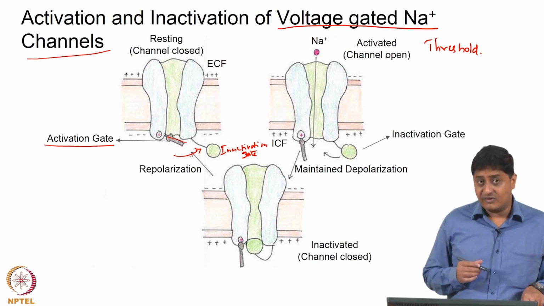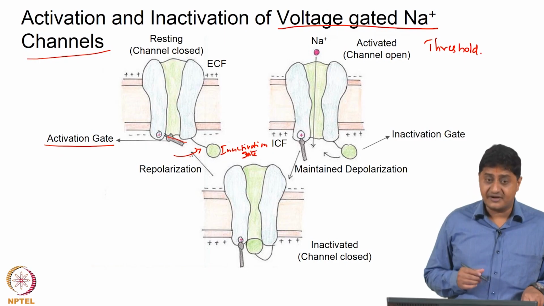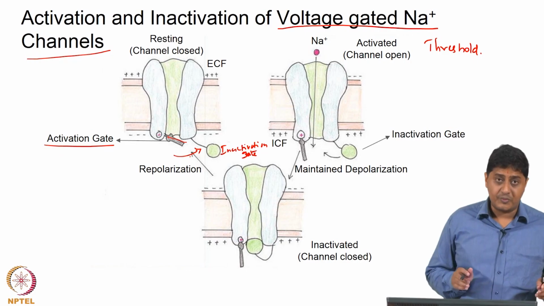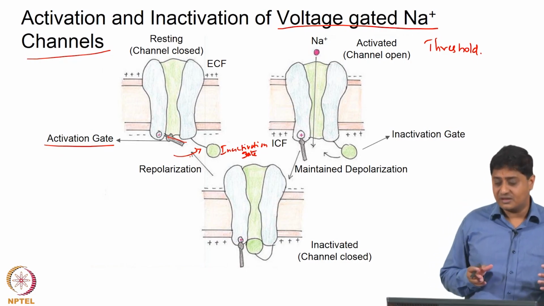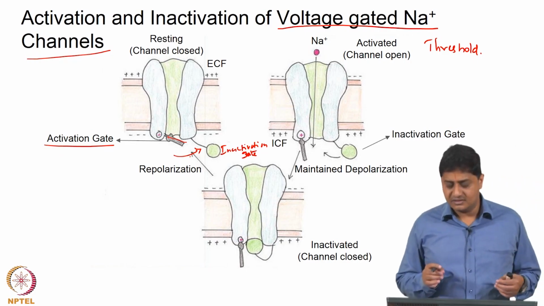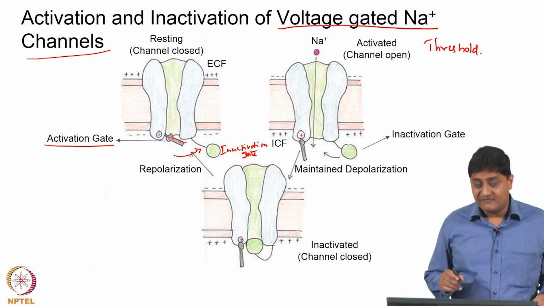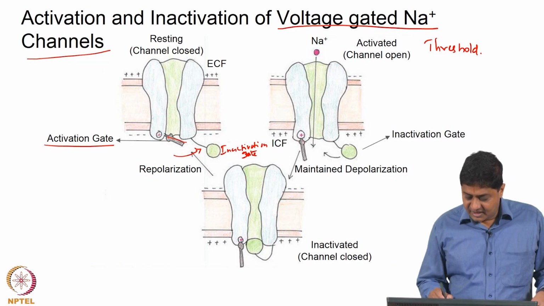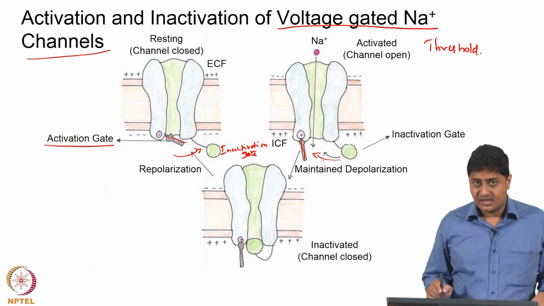So, let us remember what is the original configuration at rest. At rest, the activation gate is closed and the inactivation gate is open. Both of them must change from their current configuration when the threshold is reached. That means the activation gate will open like this and the inactivation gate will close.